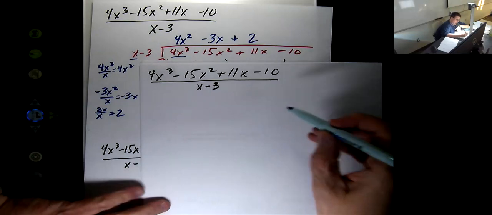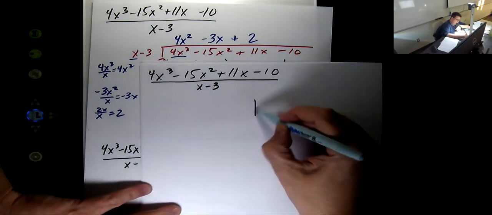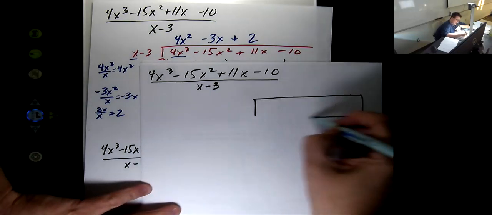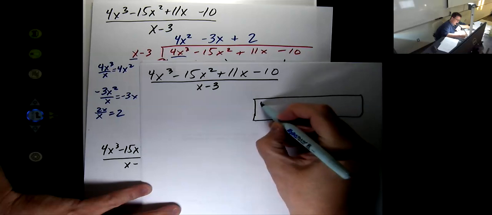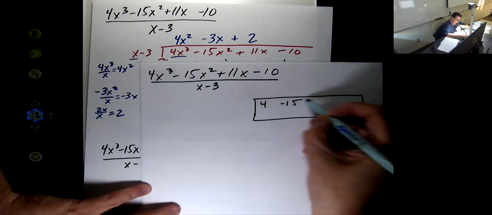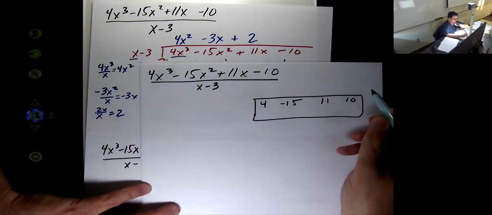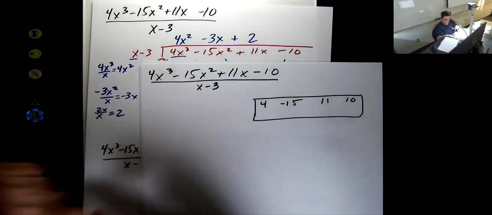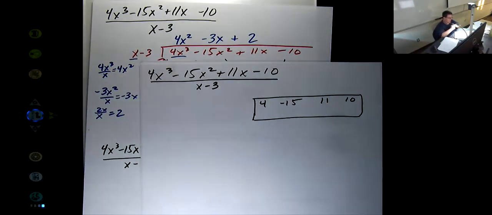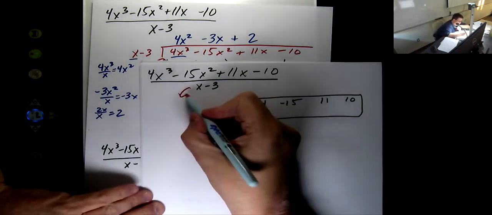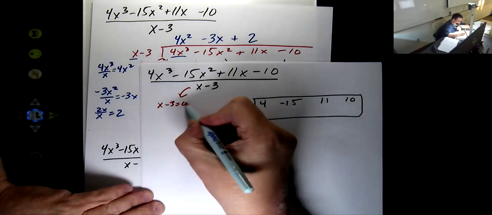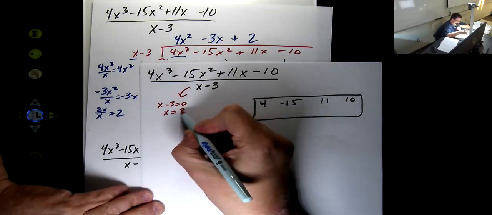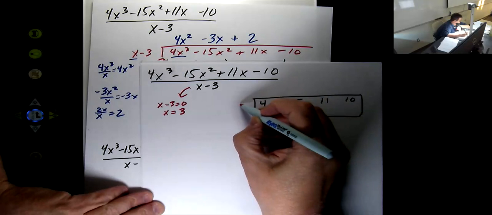What you do is you make a box and put the coefficients in the box. Bottom, you set equal to 0 and solve for x, we get 3. 3 goes outside.